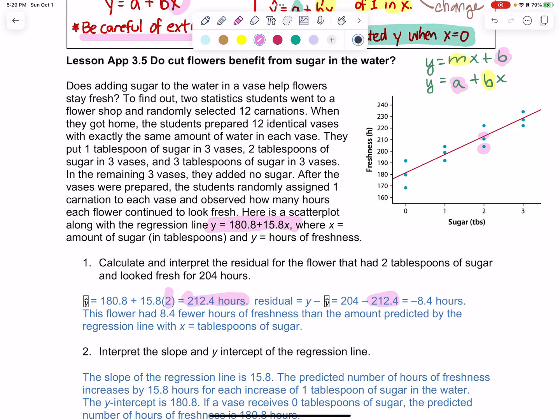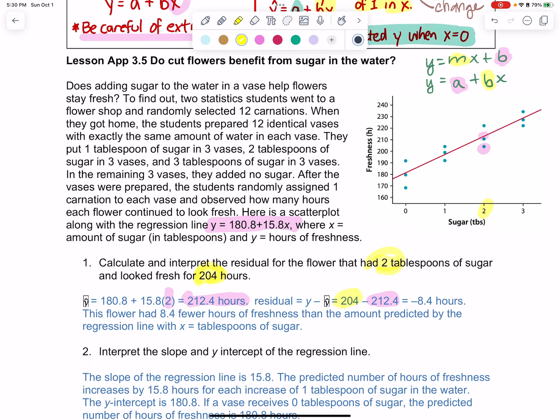So the actual one is going to be 204, because that's what it told me right here. And then my predicted was putting it in. Looking at the graph, there were 3 different vases that had 2 tablespoons of sugar, and they ended up having 2 different values. But this particular one had 204.